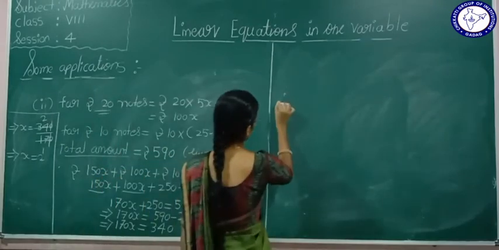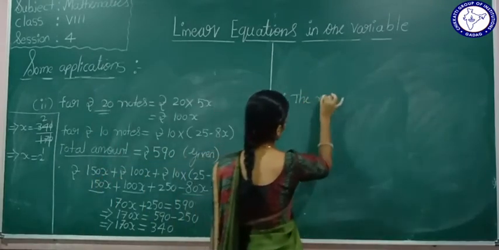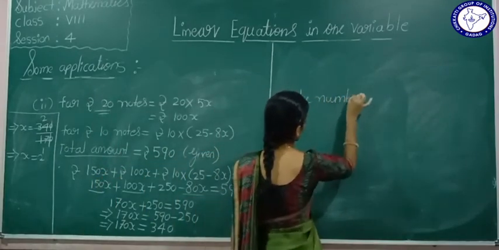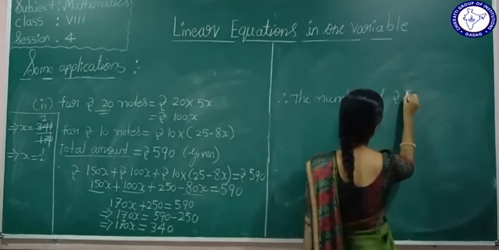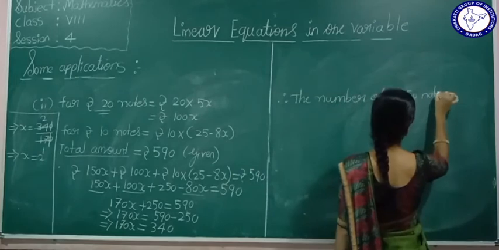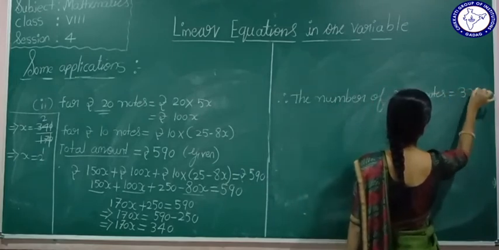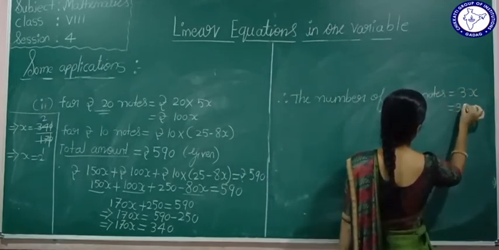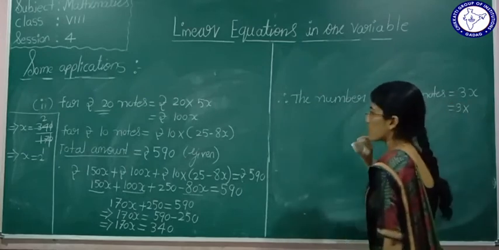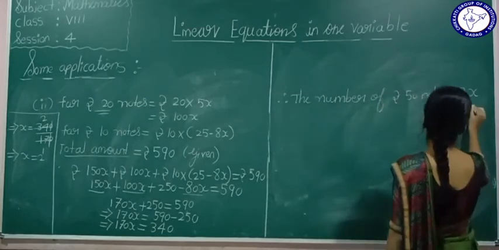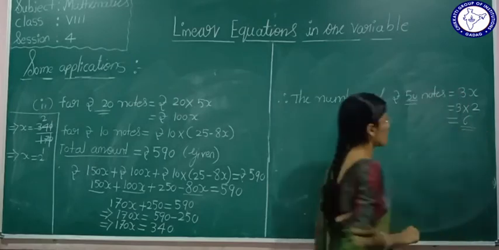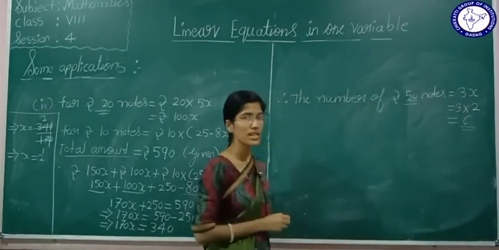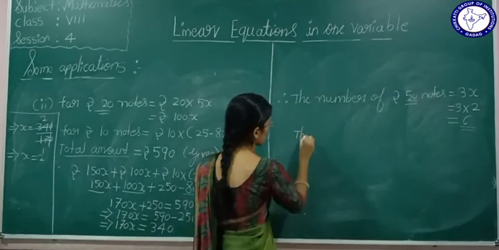Therefore the number of rupees 50 notes, what did we take it as? We took it as 3x. So 3 multiplied by the x value, what did we get? 2. It is 3 twos are 6. 50 rupee notes, how many does she have? That is 6.